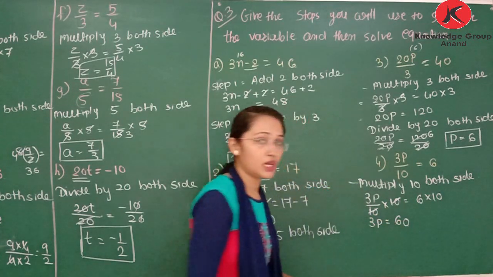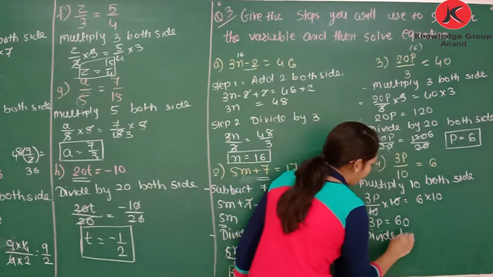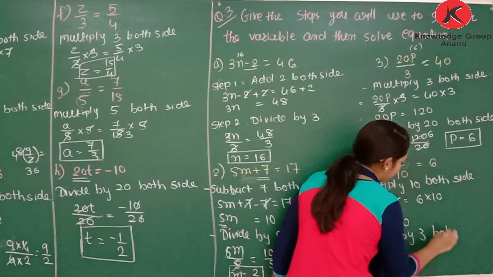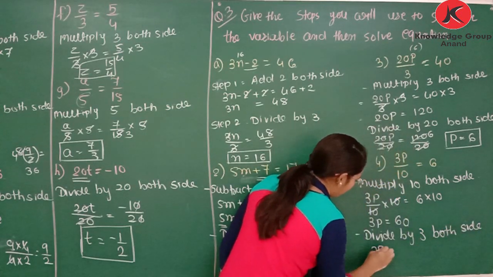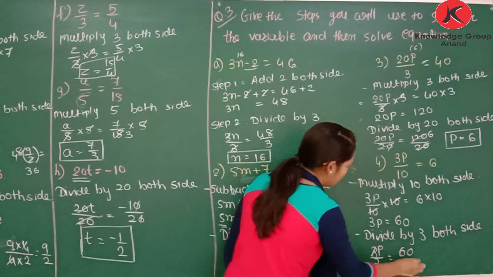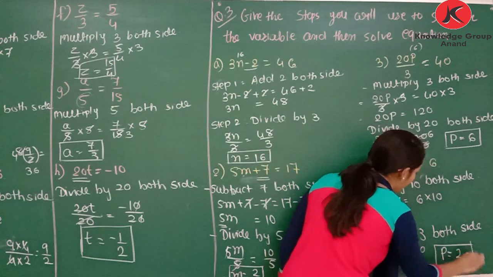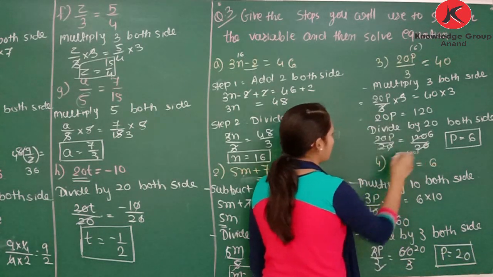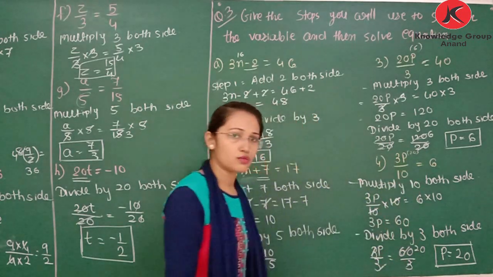Now next step will be 3 is in multiplication. So divide by 3 both sides. 3p by 3 is equal to 60 by 3. 3 cancel. 20. So p is equal to 20. You can check your answer by writing 20 here. So 3 20s are 60 divided by 10 gives 6.